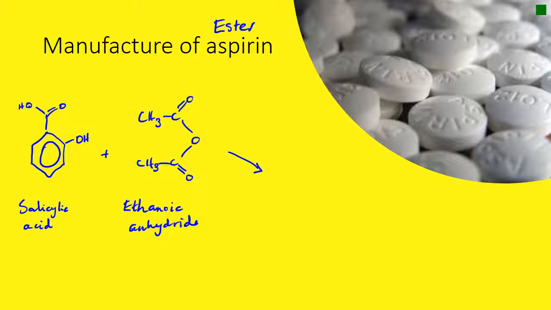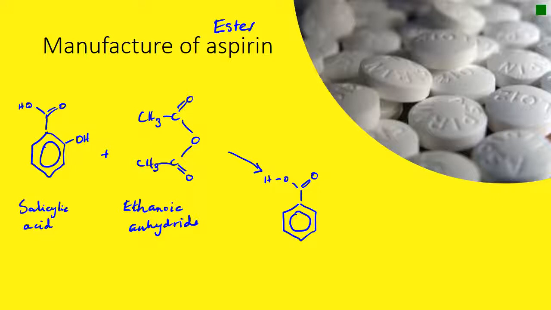So the ester that is made in that reaction is aspirin, and aspirin looks like this. It's got the benzene ring, and it's still got the acid group attached to the top of the ring.